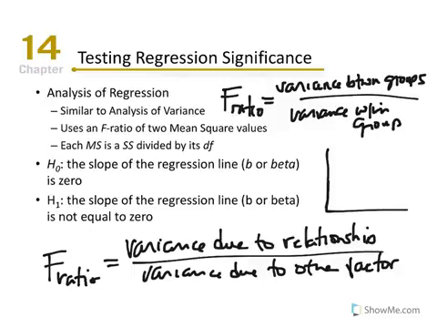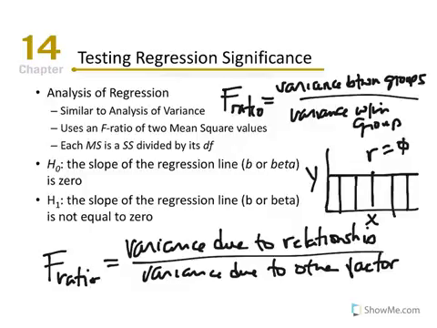So visually that means if we have our y and our x, right, the slope would be equal to 0. R is equal to 0. There's no relationship. In other words, every time the value of x changes, the prediction of y will always be the mean of that distribution because there's no relationship between the two.